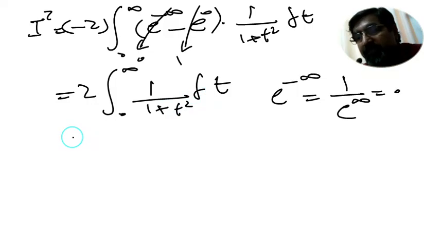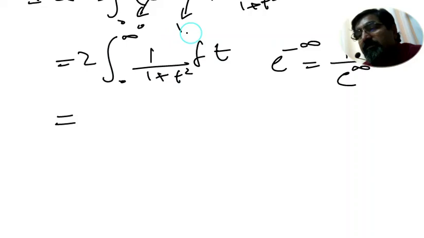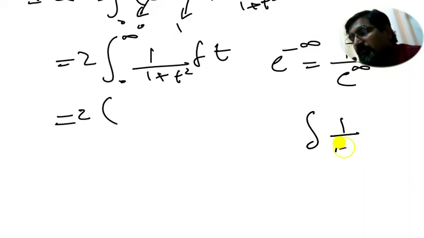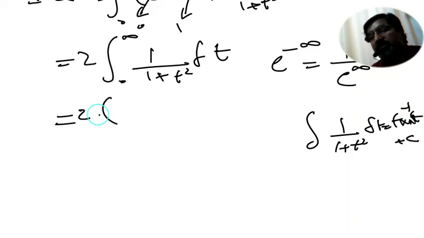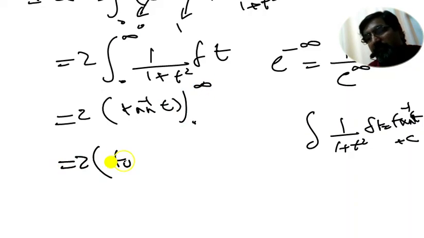By the formula, the integral of 1 over 1 plus t squared dt is tangent inverse of t plus c. Okay, that is tangent inverse of t from 0 to infinity: tangent inverse of infinity minus tangent inverse of 0.